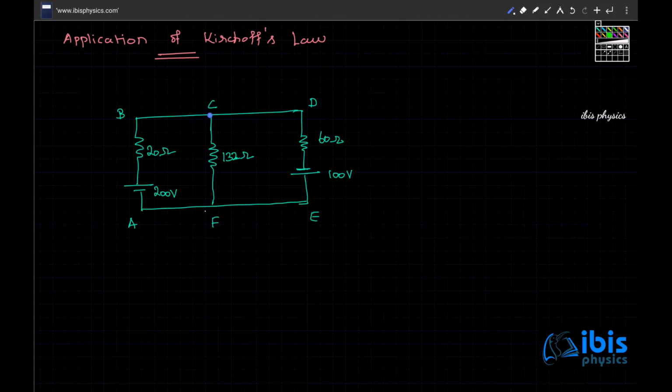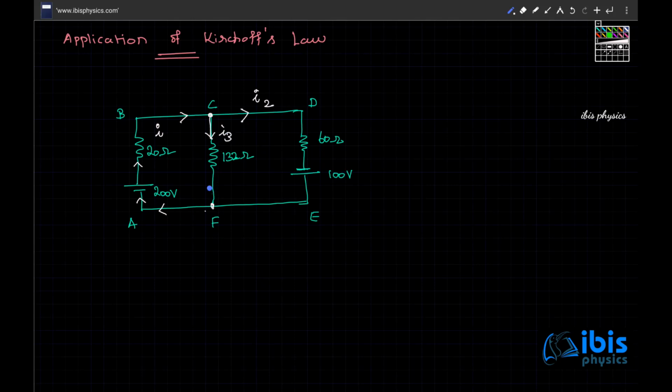And there are junctions, here is one junction, here is one junction. If current comes into a junction, the same current has to come out. Assume the current in this branch is I1, and you can choose anything. The current comes here and divides into two. Let us name them I2 and I3.